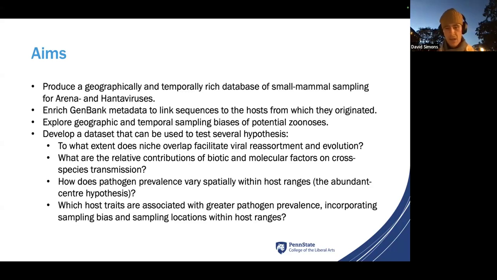This abundant center hypothesis translated from individual animals to their pathogens as well. And using this data as well to ask questions about host traits. So bringing in some of the sampling bias questions to enrich our understanding of whether certain host traits are factors in cross-disease transmission across species or other factors.